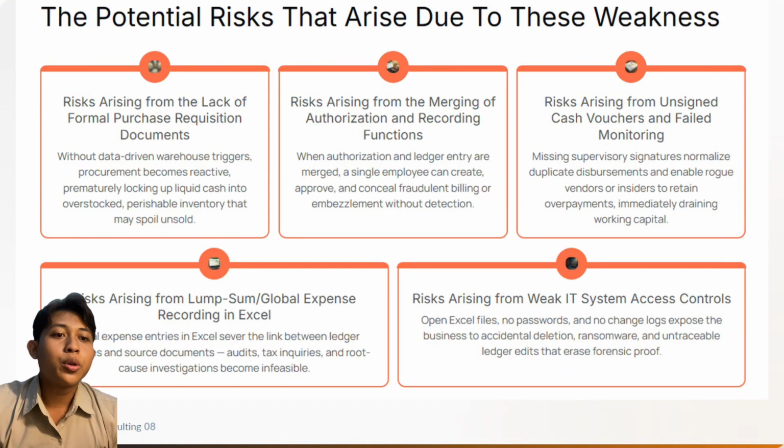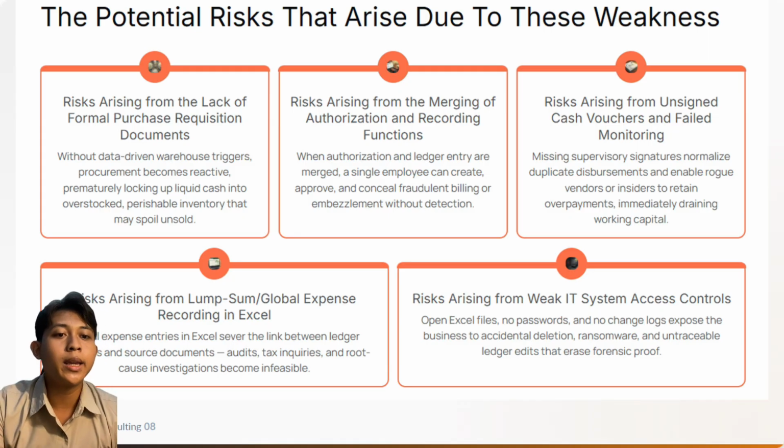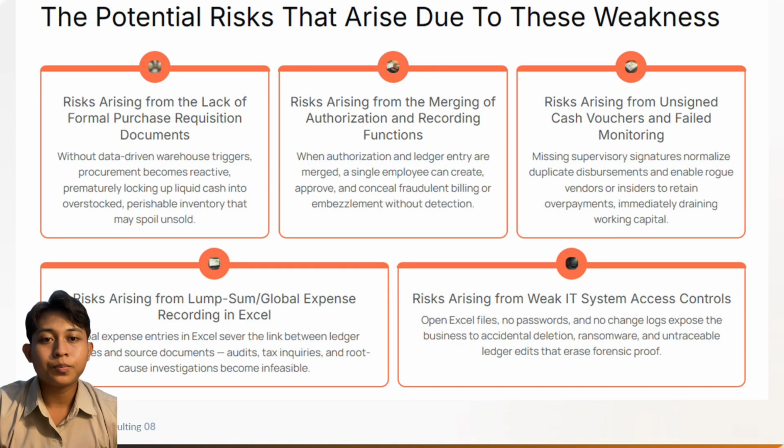Procurement becomes entirely reactive or impulsive. The business risk is buying inventory that is not aligned with actual demand, leading to cash being prematurely converted into overstocked, perishable frozen food items that might be spoiled before they are sold.